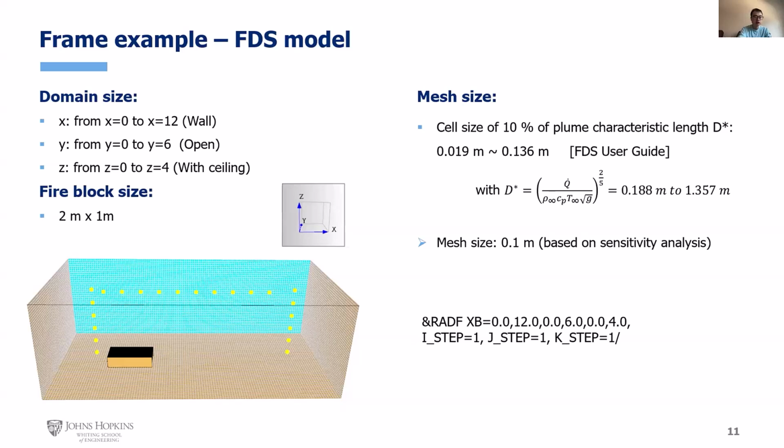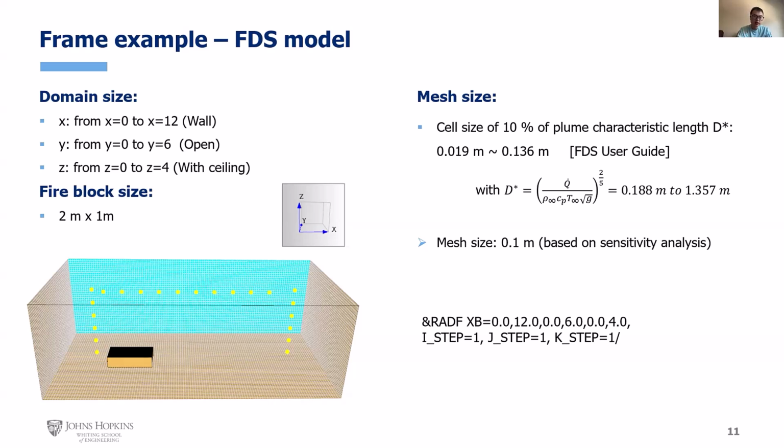Here we consider the ceiling in the FDS model, and in the direction which is the face towards us, we set it as open. The fire block size is 2 meters by 1 meter.